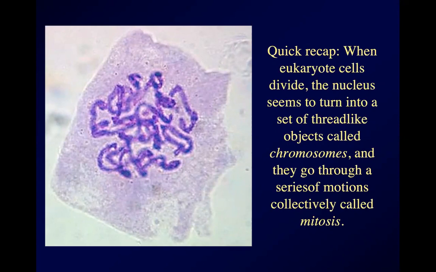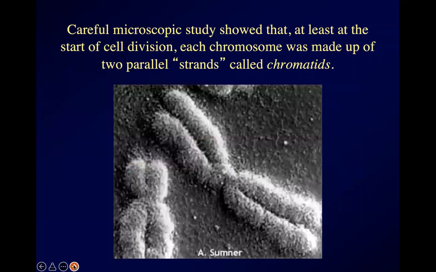And in telophase, they form new nuclei. Usually, although not always, the rest of the cell divides when the nucleus is reaching telophase, and that division of the whole cell is called cytokinesis. So that's where we were.